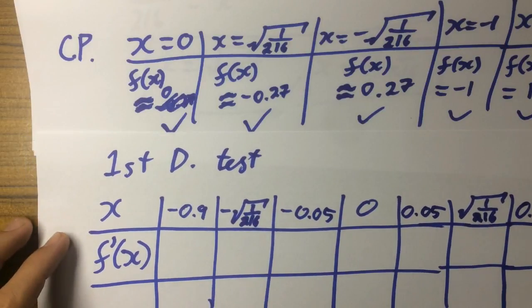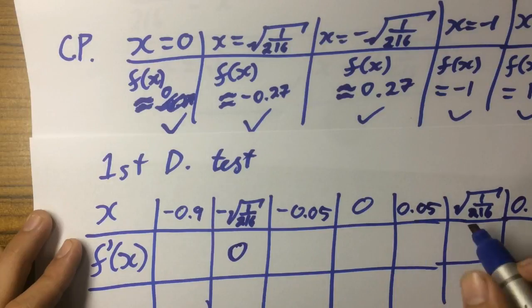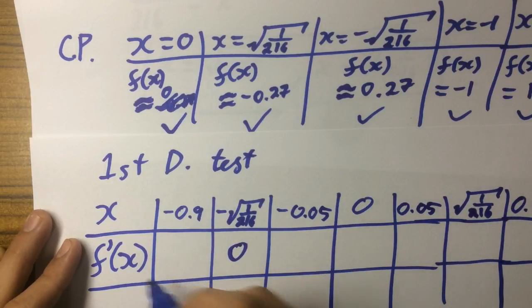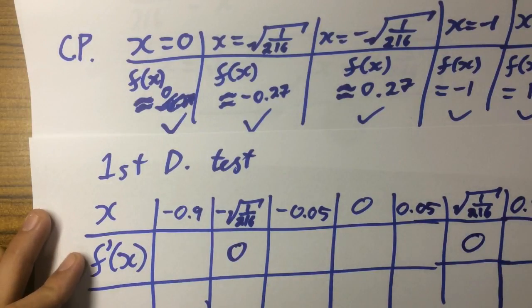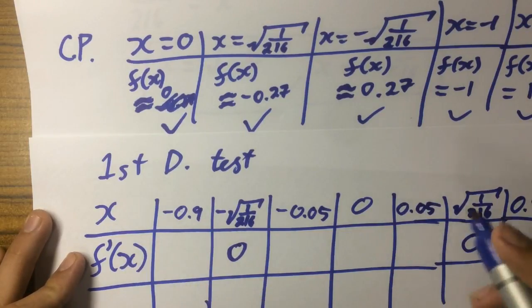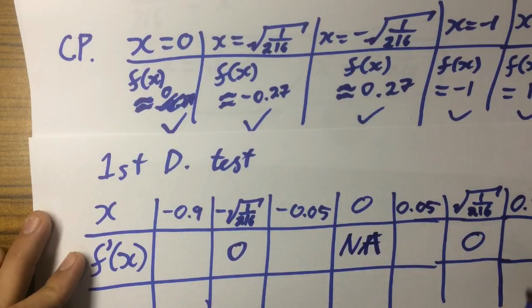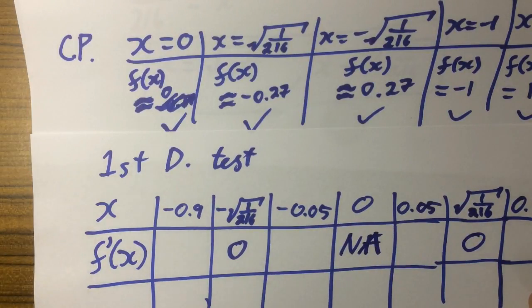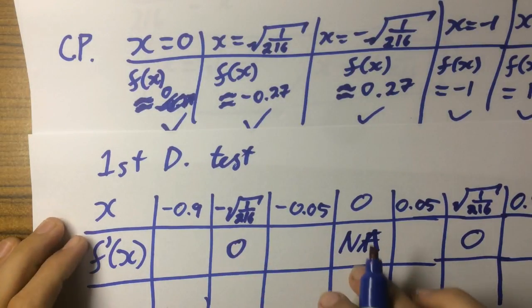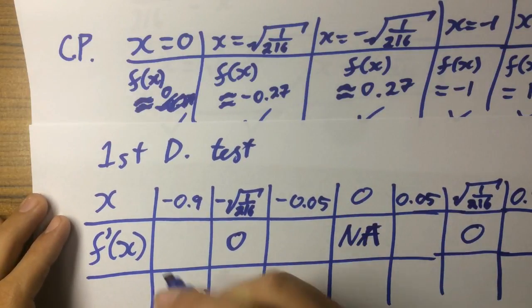Now, these values will equal 0 when you sub them into the derivative. Funny enough, when you sub this one in, it comes out with a math error, and I'll explain that in just a bit, but for now that just equals NA. So if you get a problem, don't stress.